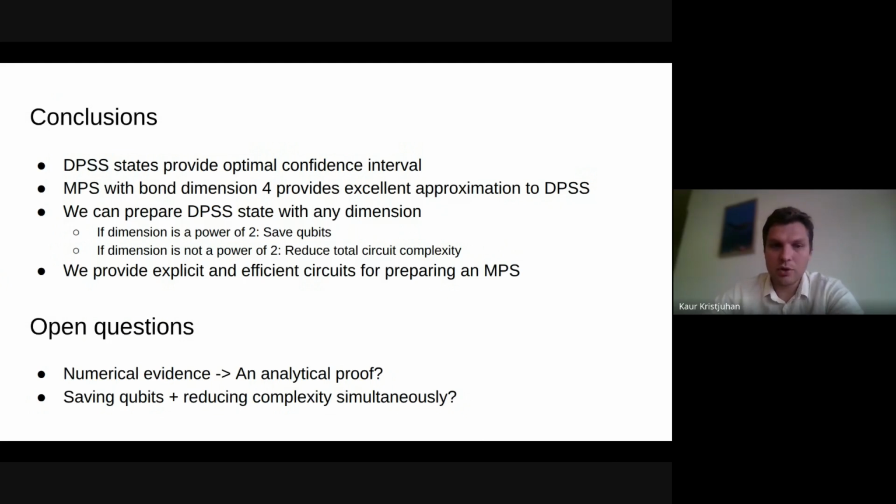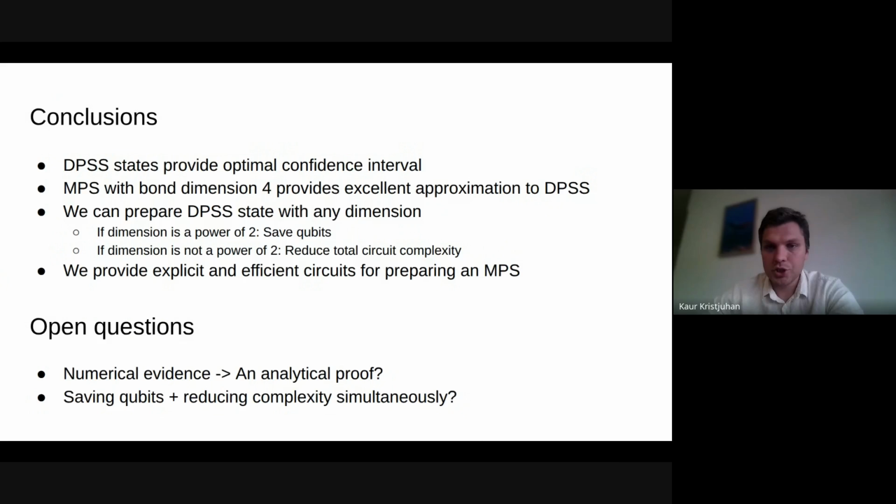And we've shown that matrix product states are really good for this task, and that a bond dimension 4 matrix product state in particular provides an excellent approximation, such that if you're looking at confidence levels smaller than something like 10 to the minus 7 below unity, you won't be able to tell the difference in performance between a DPSS state and a matrix product state approximation.